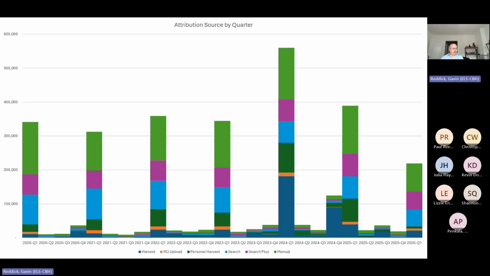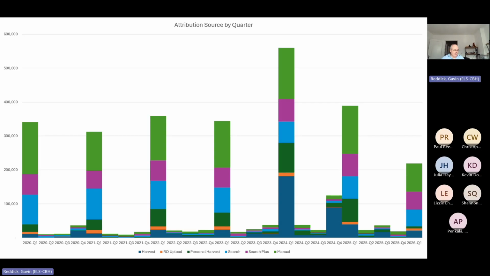If we look at this view, you can see Q1 each year is the most significant quarter of the year for attributions, and that's consistent. You can see that the other quarters of the year have gained in number relative to that Q1 activity over a number of years.